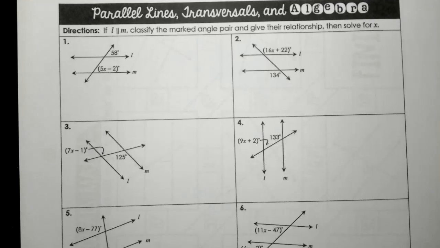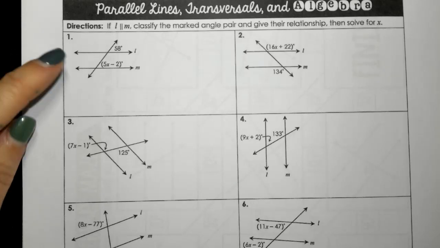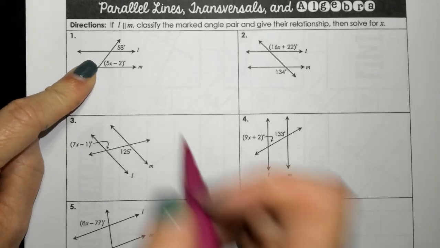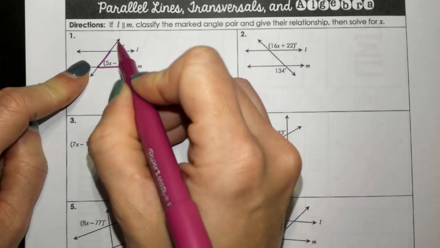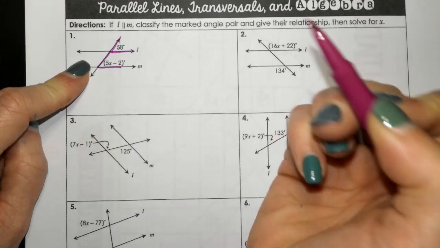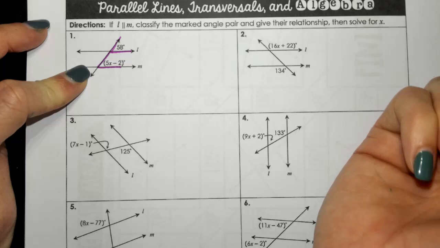So what if we have to pull algebra into something to figure out how we're going to solve? We have to use these angle relationships that we know to solve algebraic problems sometimes. It's not as bad as it seems. If I look at number 1, this and this, the angles in which they gave me information are corresponding angles.